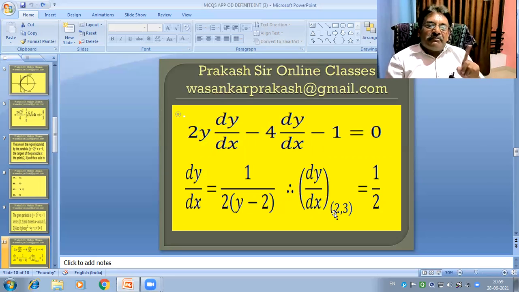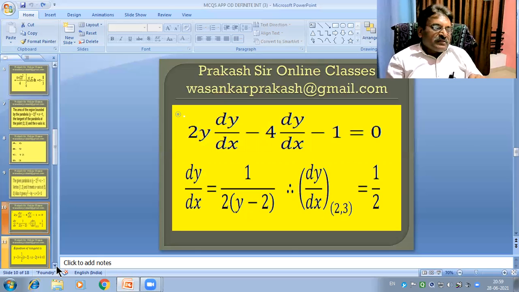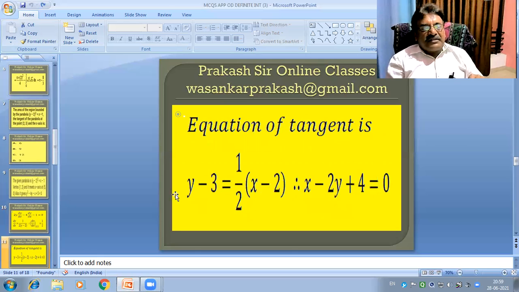So y - y1, that is y - 3, equals 1/2 times (x - x1), that is (x - 2). So the equation of the tangent is y - 3 = 1/2 (x - 2). After solving this we get x - 2y + 4 = 0. This is the equation of the tangent to the parabola.